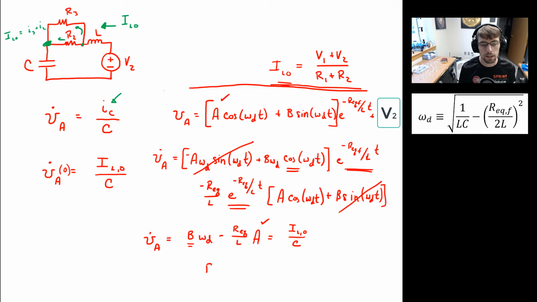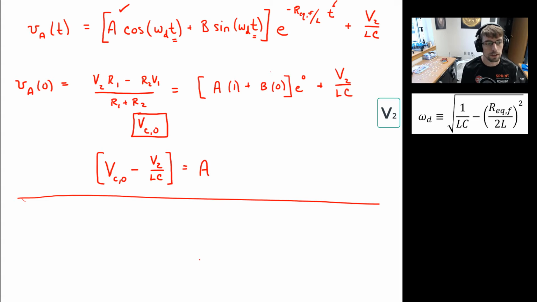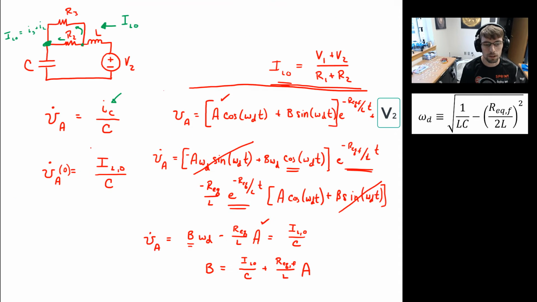B is equal to some number, the initial current flowing through the inductor divided by the capacitance, plus the final equivalent resistance divided by the inductance times whatever A is. And remember, we had A right here, and here's B.